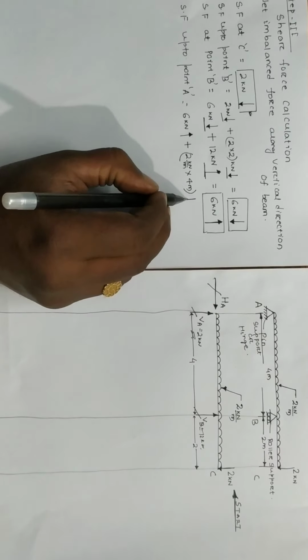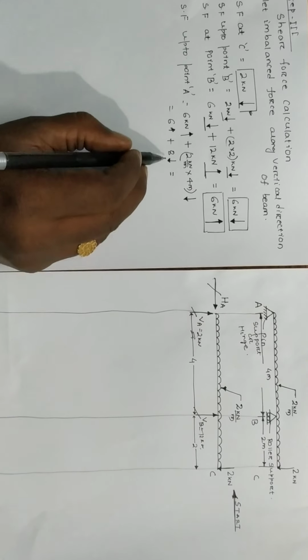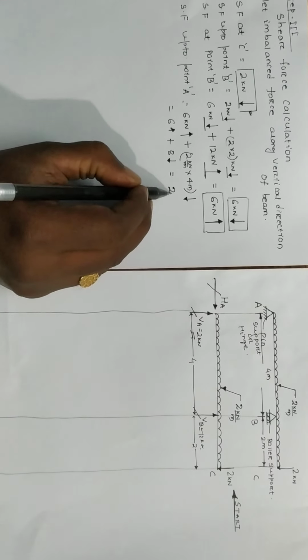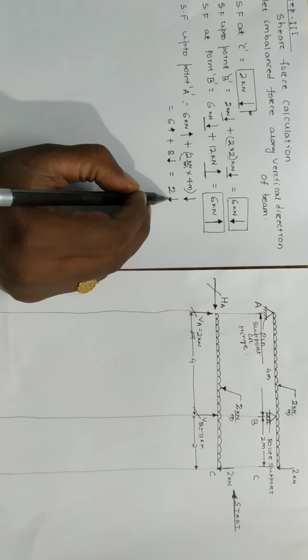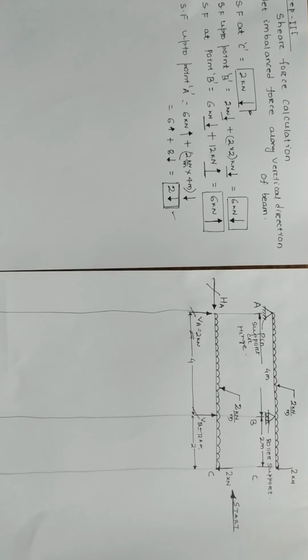So how much is coming? 6 upward and plus 8 downward. Both are opposing each other. So what am I getting? 2 kilonewton downward. This I will represent.